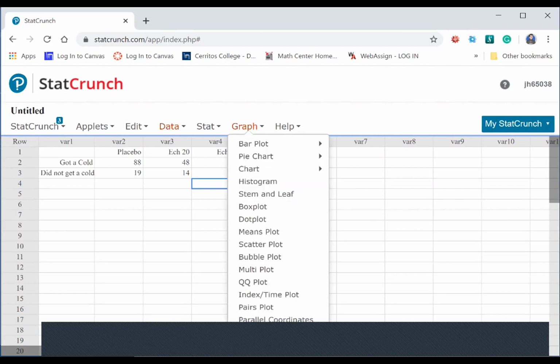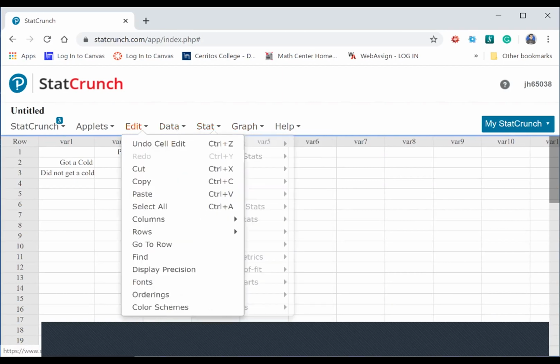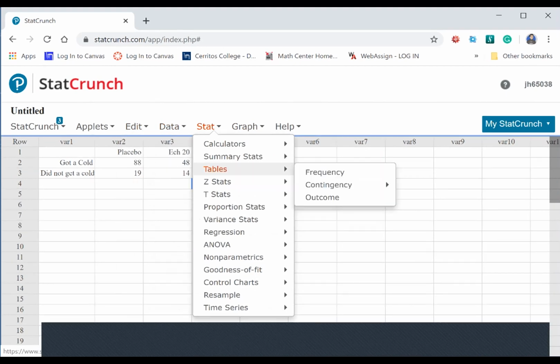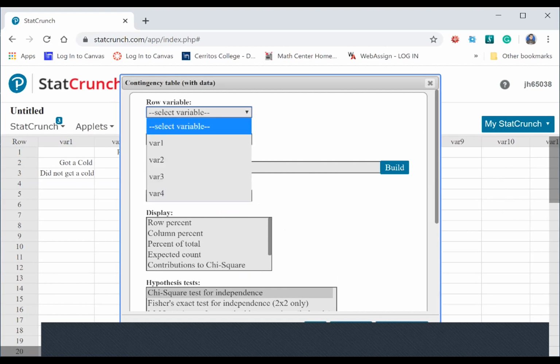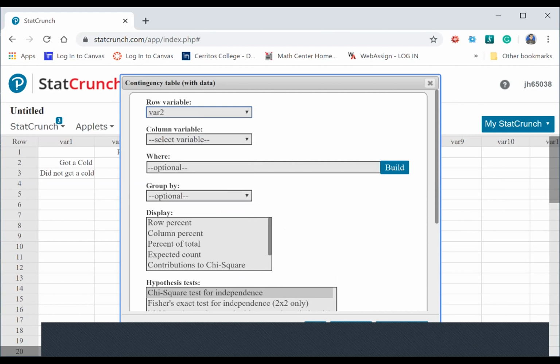Okay, so now we're going to try to create a table, contingency table with data. Okay, so row, select variable. Select row variable. var2, column variable.